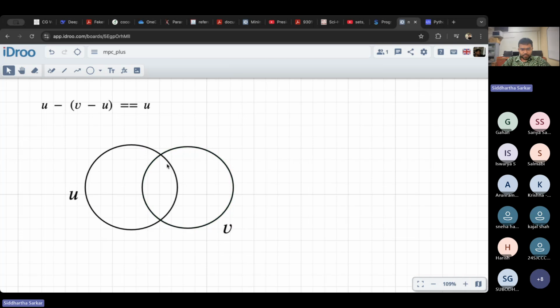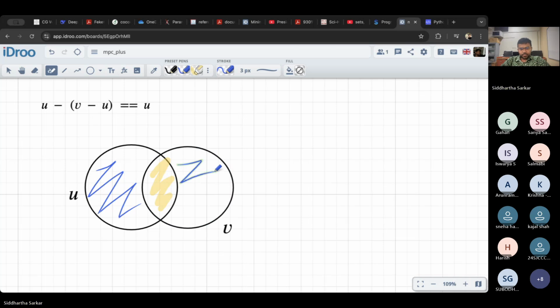Whatever elements are in this common region, this is the common region between U and V. Some elements are only unique to U, and some elements are only unique to V. All right. The Venn diagram is drawn like this, right?